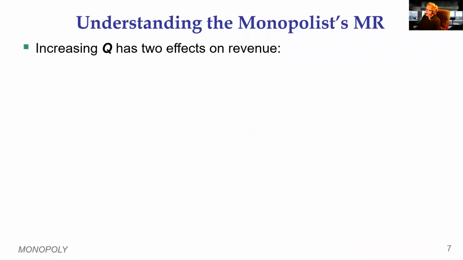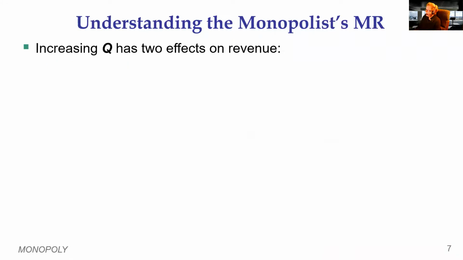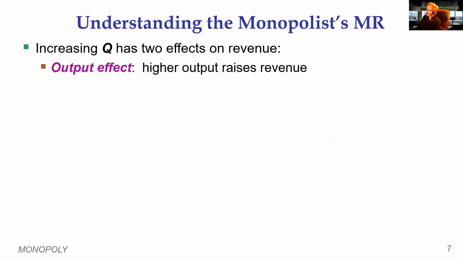So if the monopolist decides to increase quantity, it depends on where they're increasing quantity. If they increase quantity, then the higher output will end up with an increase in total revenue.